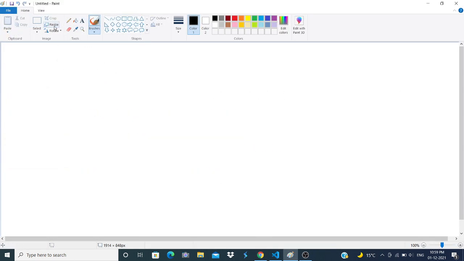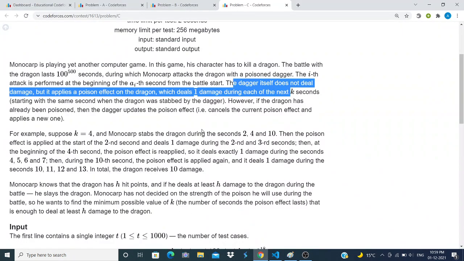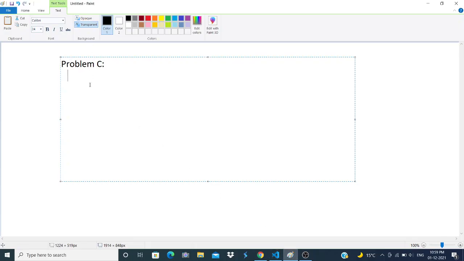Now let's move to problem number C. So basically, in this problem, what it means is that, let's say I attack at the a_i-th second, right?